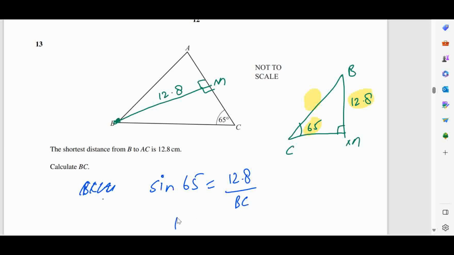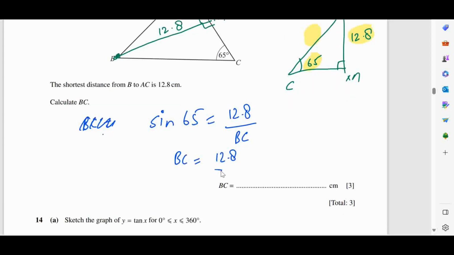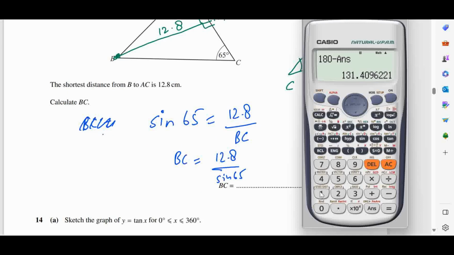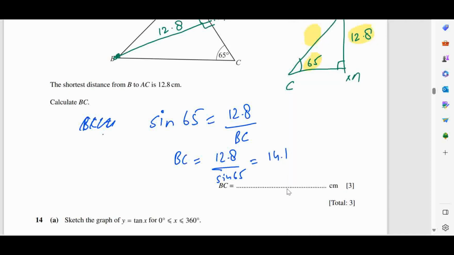Now if we rearrange it, BC will be 12.8 divided by sine of 65. By using the calculator, 12.8 divided by sine of 65 equals 14.1. So 14.1 will be the final answer. Let's move to the next question.